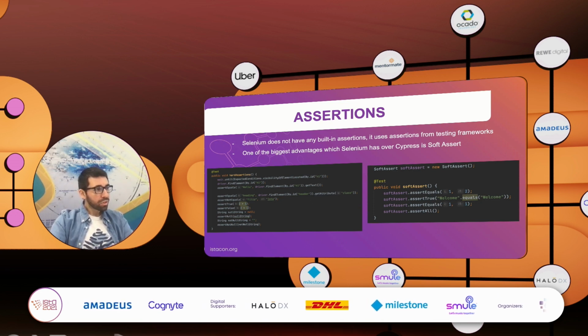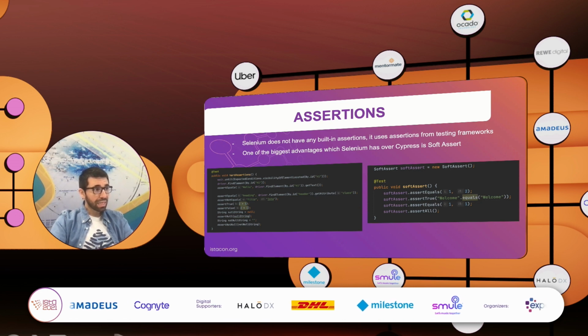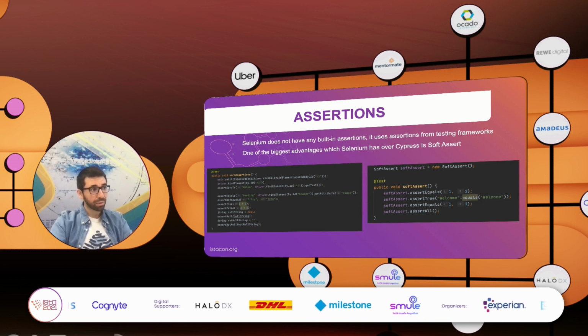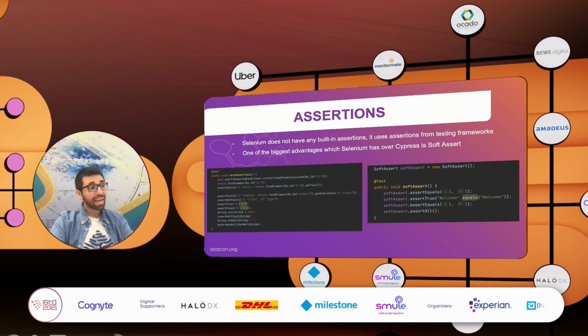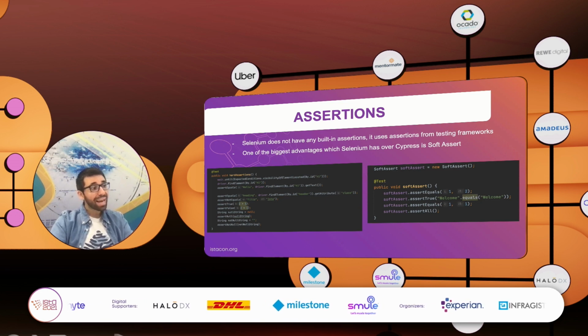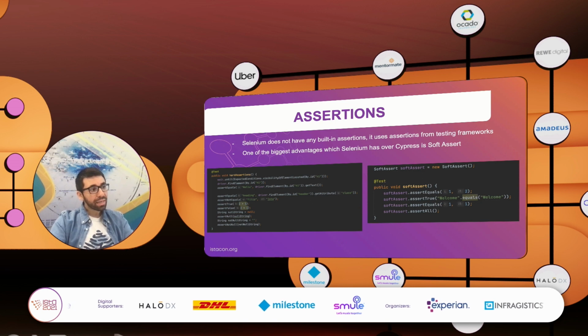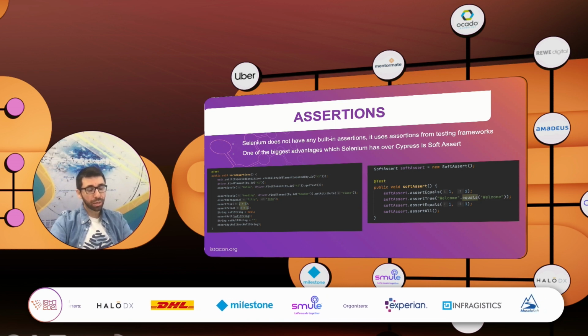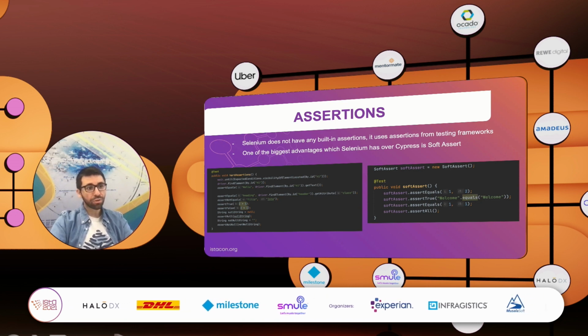The difference between Cypress and Selenium is that Cypress checks the properties of the element on the obtained object, while on the other hand, Selenium extracts the value as either a Boolean or a string or whatnot, and then compares it with an expected value for that element. One of the biggest advantages which Selenium has over Cypress, in my opinion, is the option for soft assert.